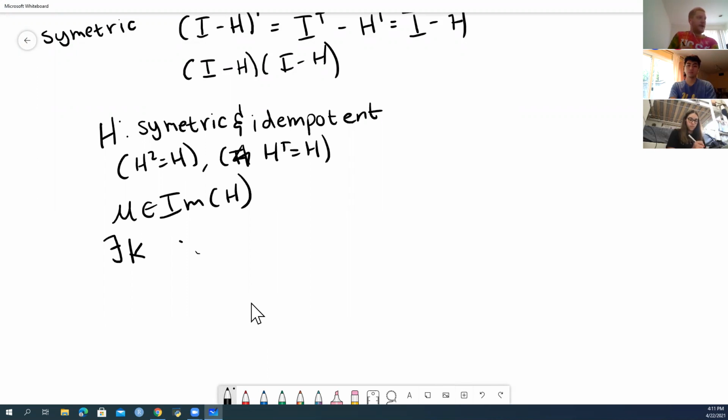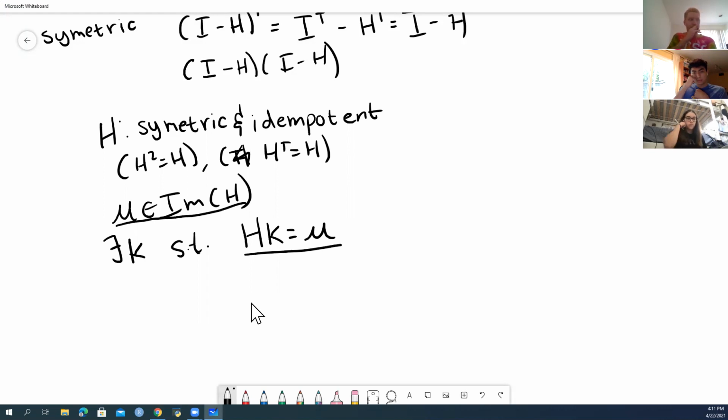There exists some vector K such that HK is equal to mu. So this is an equivalent statement. Mu is in the image of H, right? An equivalent statement is that HK is equal to mu, right? Okay. So we want to show that H mu is equal to mu.